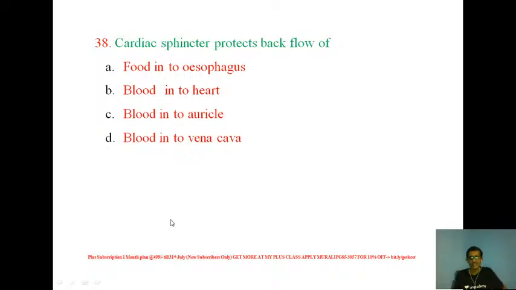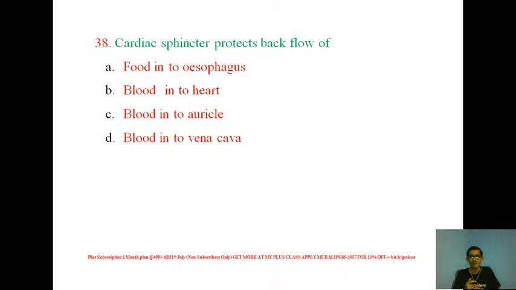The cardiac sphincter is present in the cardiac orifice region, the first part of the stomach, at the junction of the esophagus and the stomach. It is also called the lower esophageal sphincter, a strong muscle band. It prevents the backflow of food from the stomach into the esophagus, and later into the mouth.